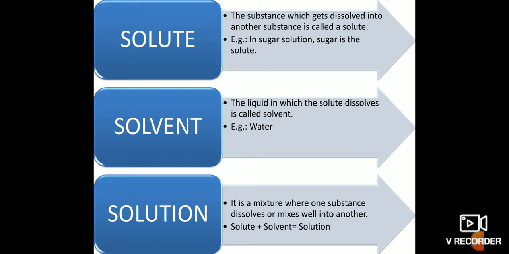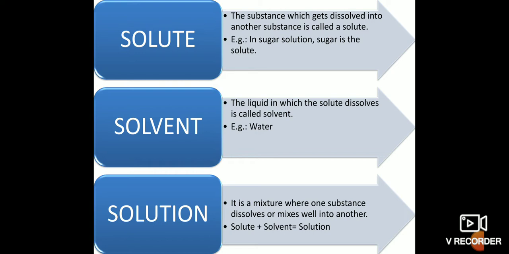So whichever substance we are mixing in the liquid is called the solute. The solid part is called the solute, that is sugar here, right?